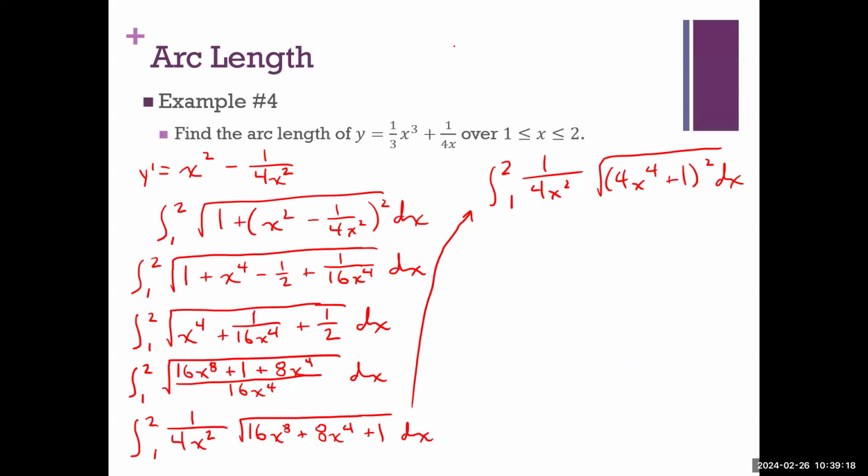In general, this is not technically a quadratic, but you can kind of treat it like one. Typically what you're trying to do when you factor is find numbers that multiply together to give you a times c and add together to give you this b.